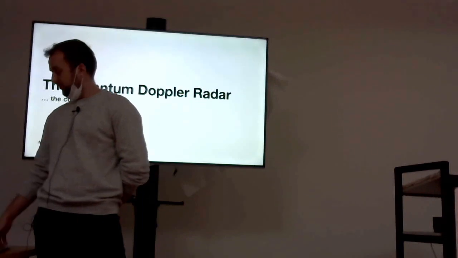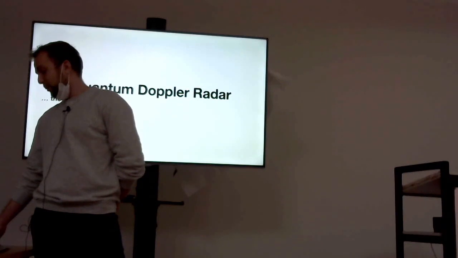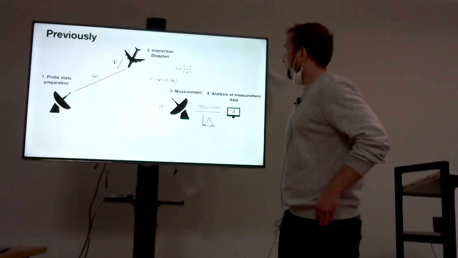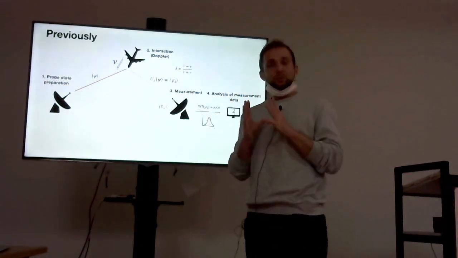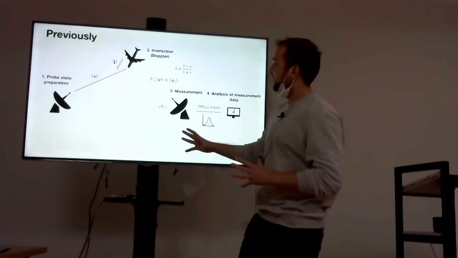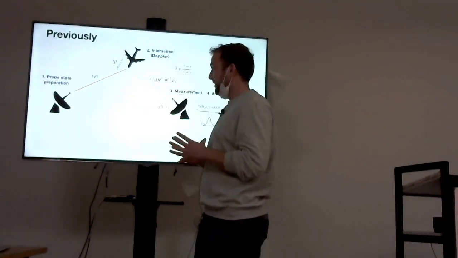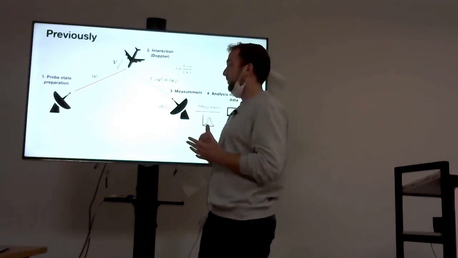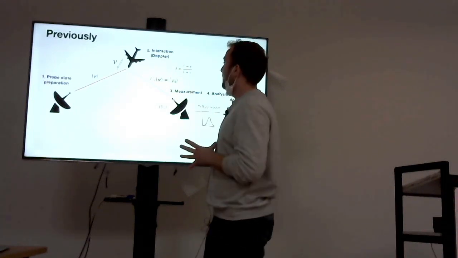First of all, Doppler radar tries to estimate the velocity of a moving object, as can be seen here. First let us look at the classical version. We have the radar, and this radar prepares a classical probe state, which we choose to be a coherent signal or a laser beam.